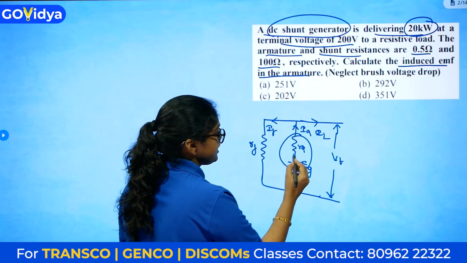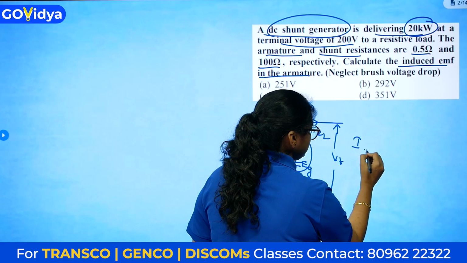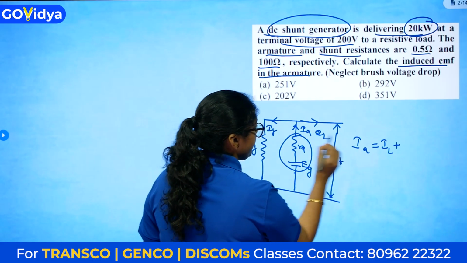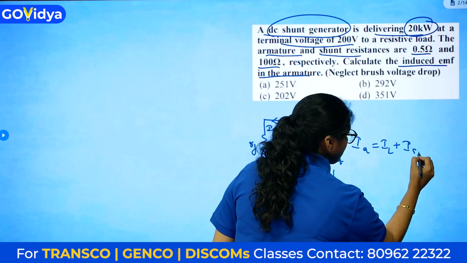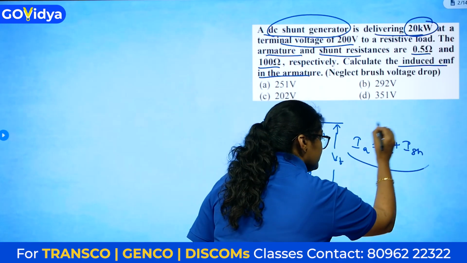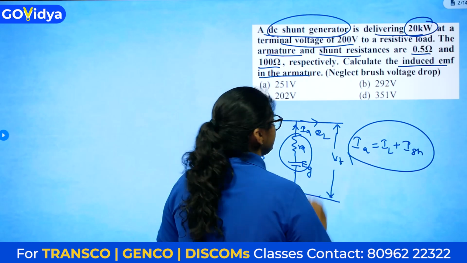From this circuit diagram, applying KVL, IA is equal to IL plus ISH or IF. In the question they didn't mention anything about the current. We have to find the current.